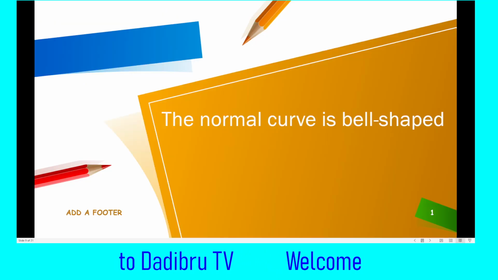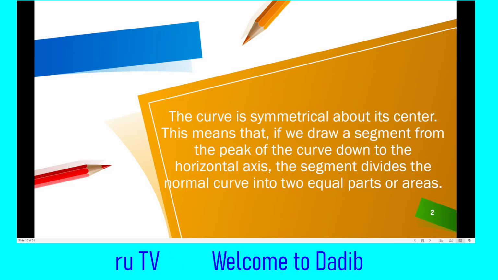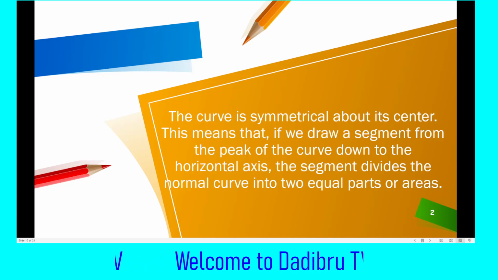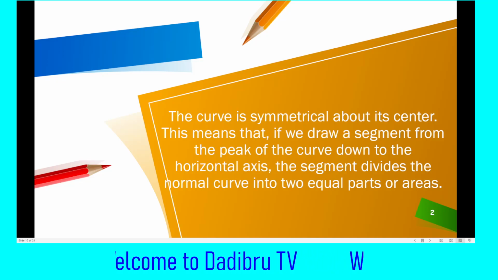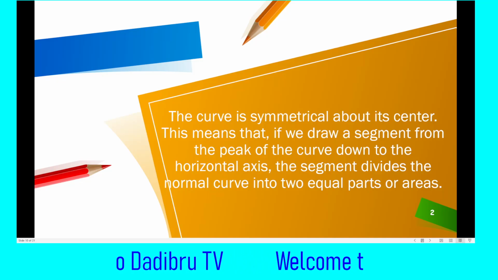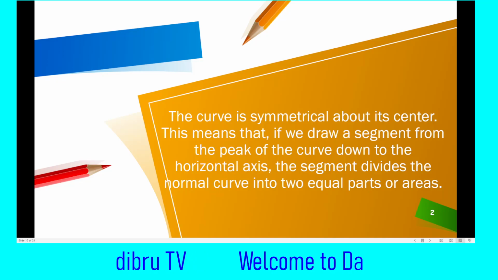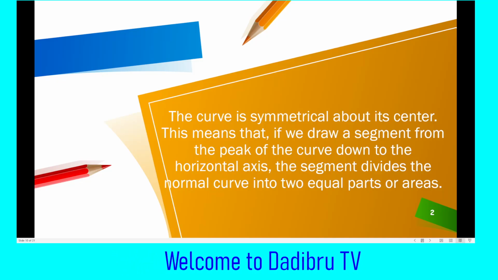1. The normal curve is bell-shaped. 2. The curve is symmetrical about its center, meaning if we draw a segment from the peak of the curve down to the horizontal axis, the segment divides the normal curve into two equal parts or areas. 3.